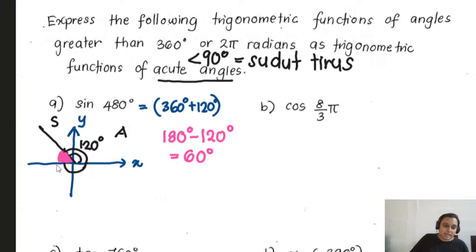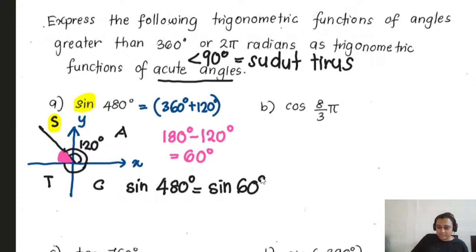All science teachers crazy. Therefore, dekat sini kan soalan kita sign. Our question is sign, right? Here also S, sign positive. So you can write sin 480 equals to sin 60. Just double check correct or not using your calculator.